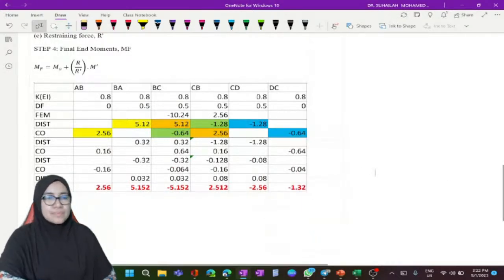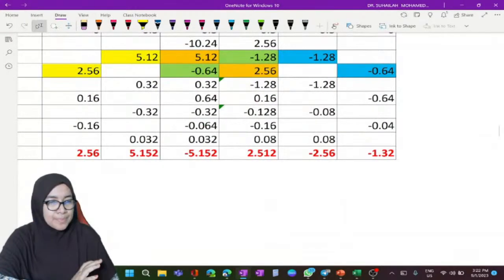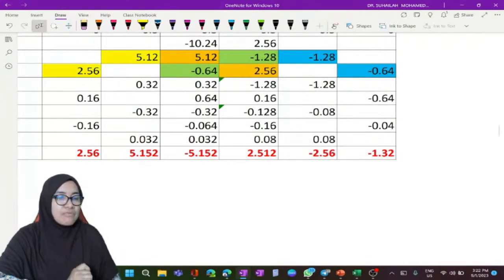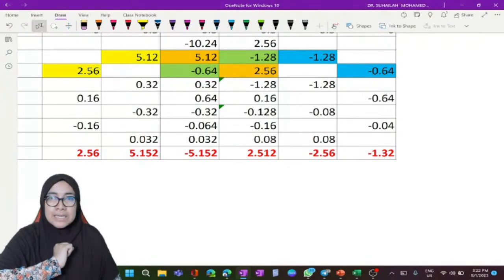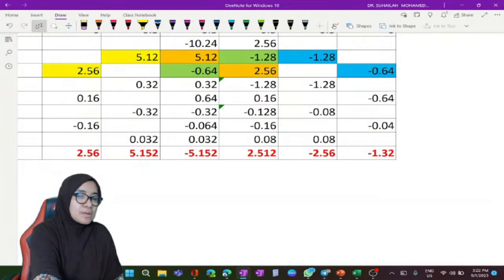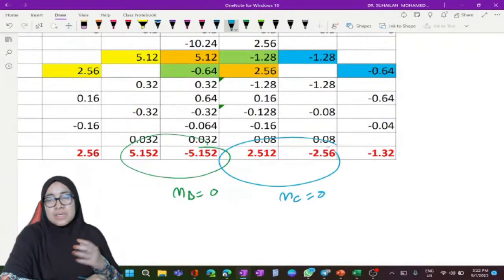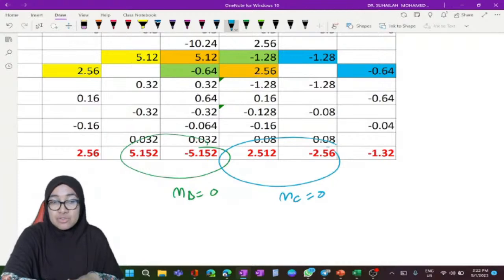It means that this is the moment that we get 2.56, 5.152 plus negative 5.152 equals 0 because MB is equal to 0. This is representing MB, which should equal to 0. And this should be representing MC, which is also equal to 0 for the rigid joint.